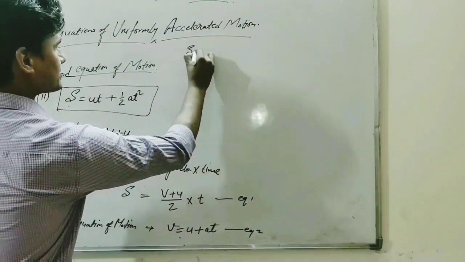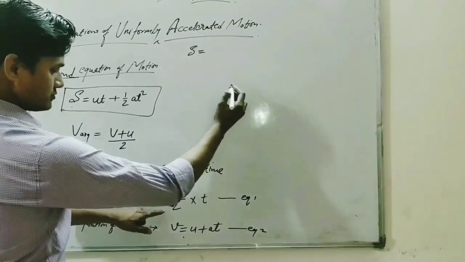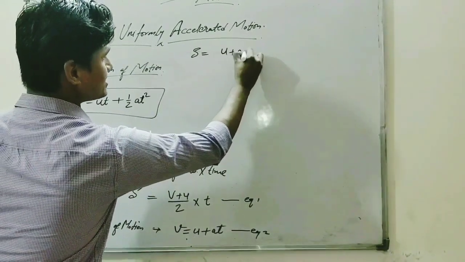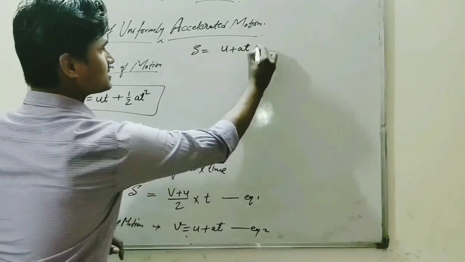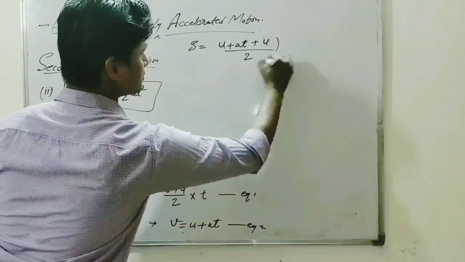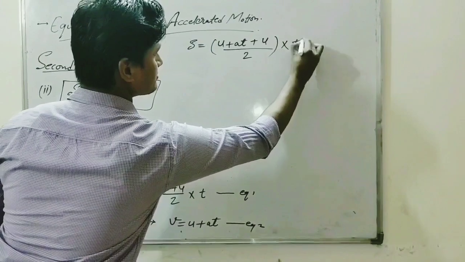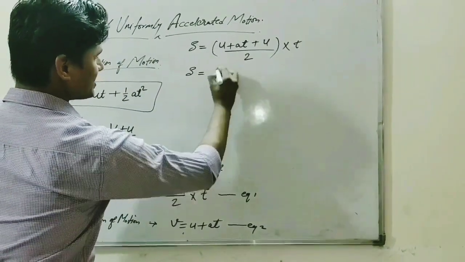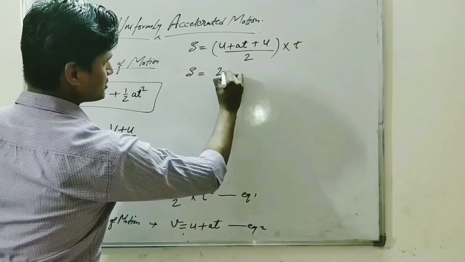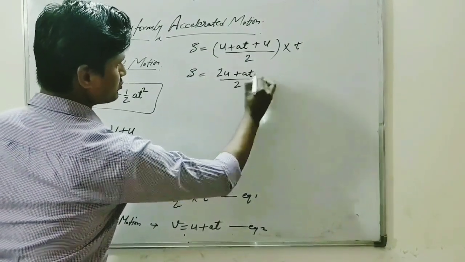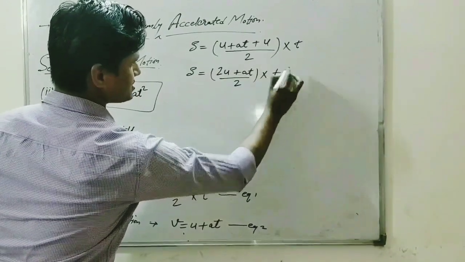That is, we get S is equal to U plus AT plus U upon 2 into time t. If we rearrange them, we get 2U plus AT upon 2 into time t.